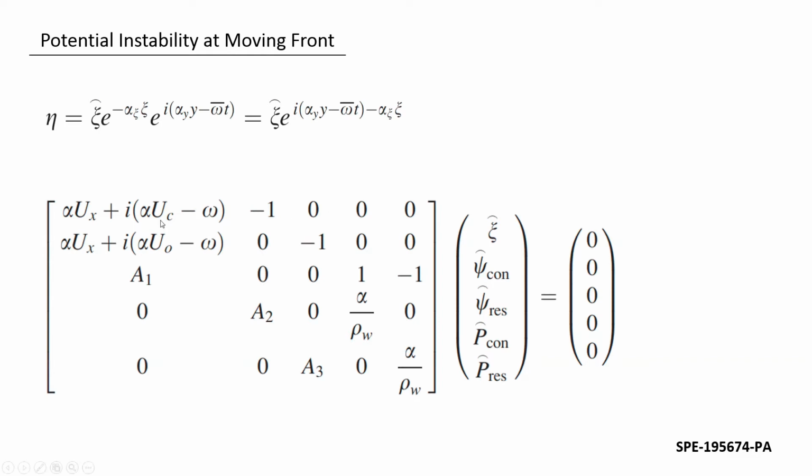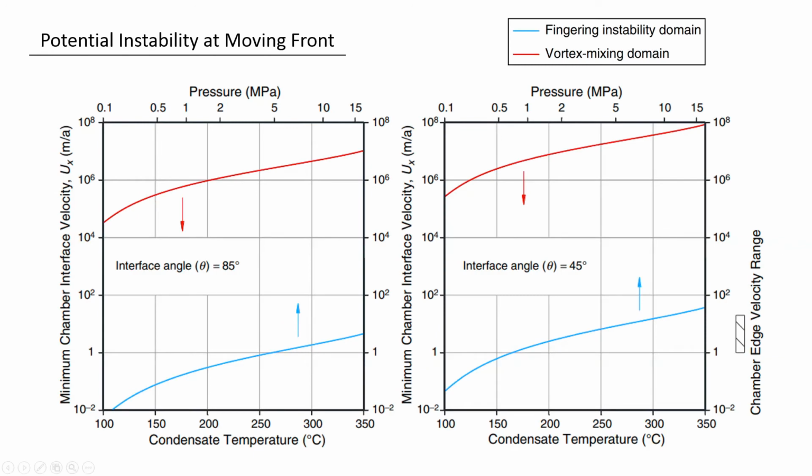But you have to consider that these calculations are not simple because you have imaginary terms. These are complex terms, imaginary and real terms, and then the calculation is not as simple. For someone who wants to go into more detail, read this paper, but in this paper we only use the end results, and that's why I have two sorts of fingering happening.